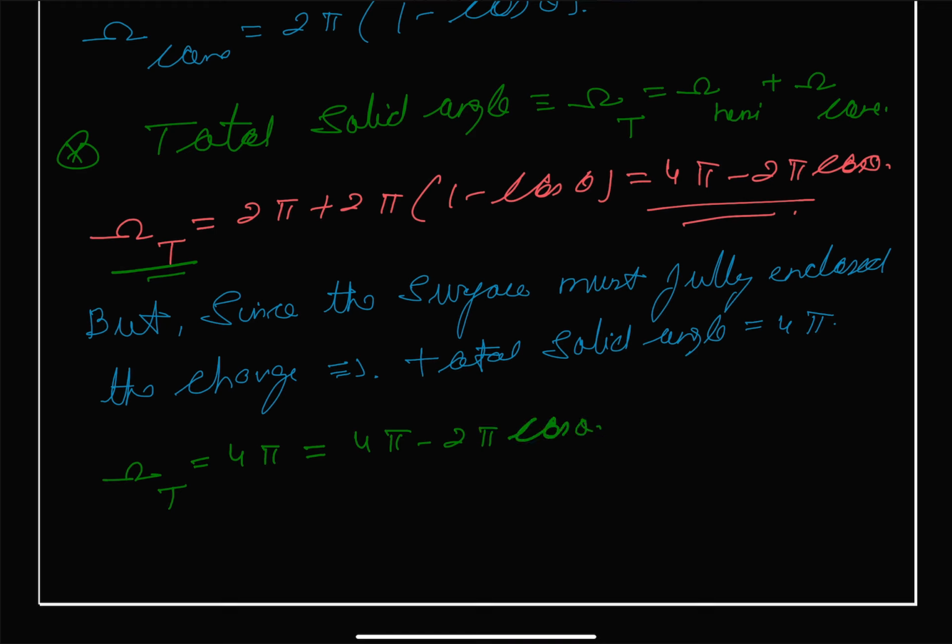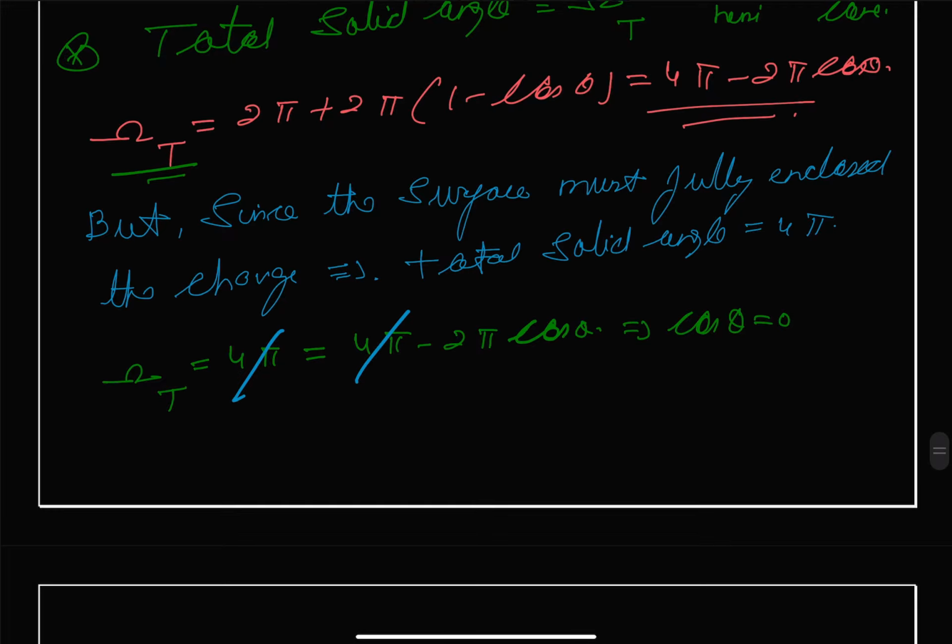So here this 4 pi cancels out. So this gives us that cos of theta is equal to 0, or we can say the value of theta is equal to 90 degrees, which basically means that it will be treated as a flat cone.